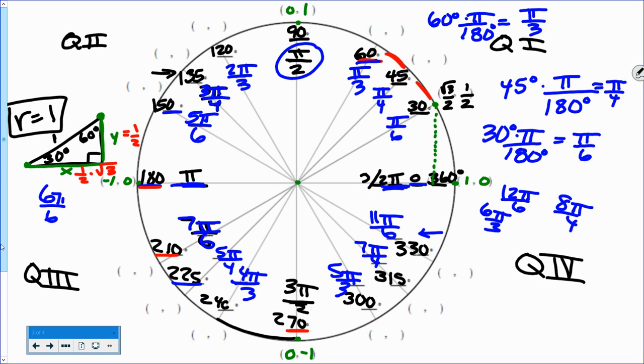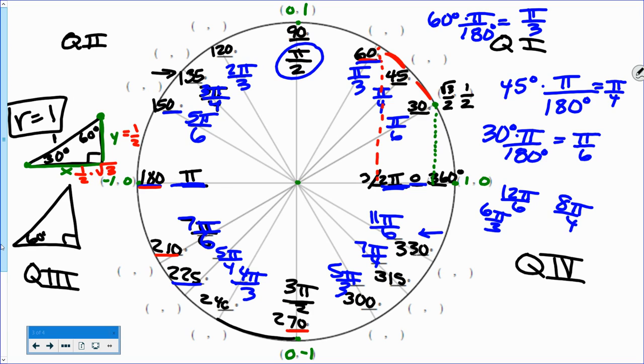Since I have my 30, 60, 90 triangle right here, I want to talk about what happens when I get to 60 degrees. If you drop down and make a right triangle right here, I'm going to put that off to this side so I don't have a big mess inside my unit circle.